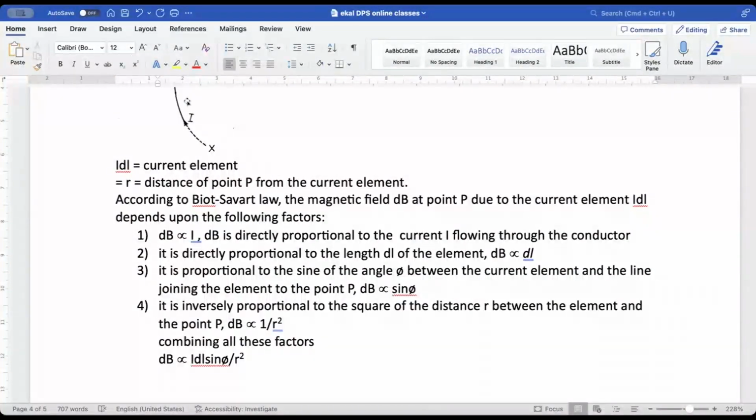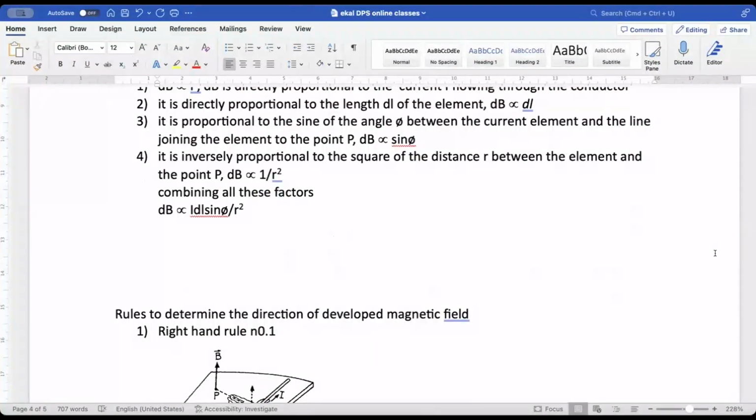So on removing this proportionality, we have to remove this proportionality by some constant. And this relation is called the Biot-Savart law.